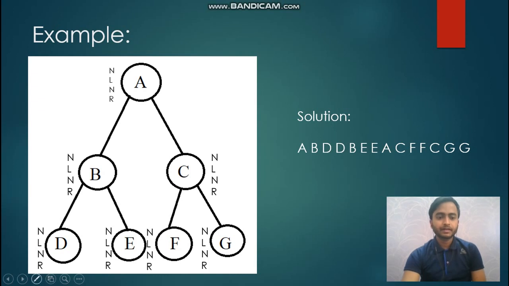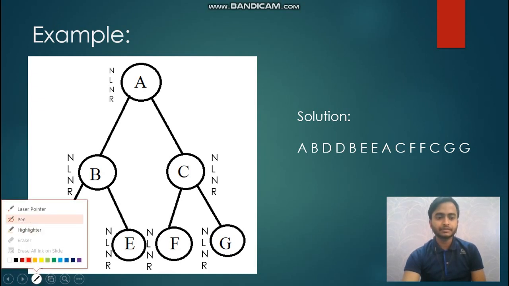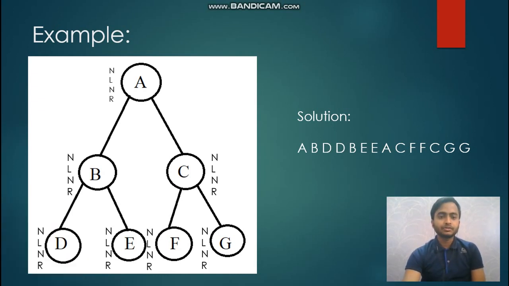Here, as you can see, I have taken a very simple tree with 7 nodes A, B, C, D, E, F and G. Now we will apply the double order traversal algorithm on this tree. As usual, we will start from the root node. As you can see, I have written the steps of the algorithm in the acronym form N, L, N and R beside each and every node.